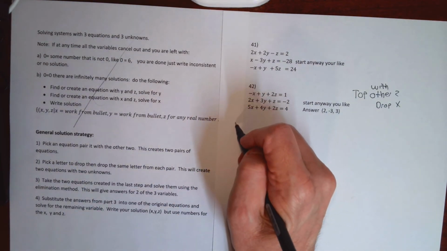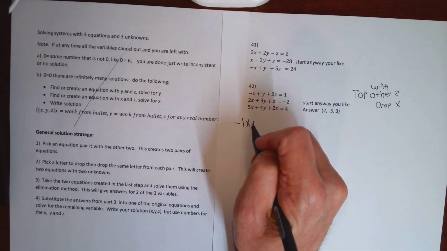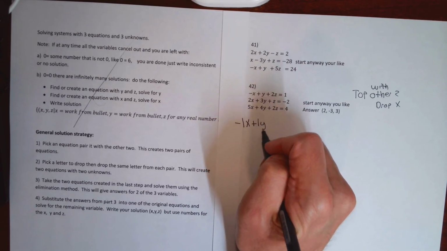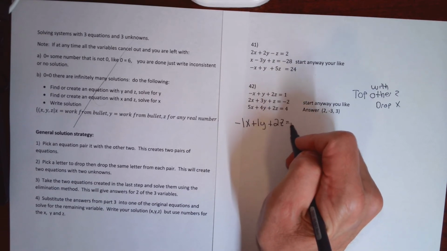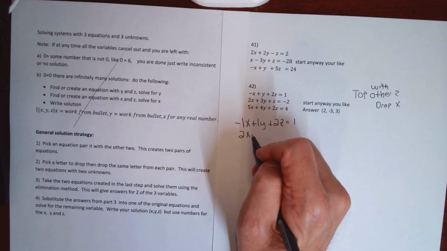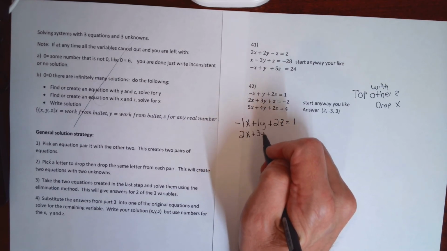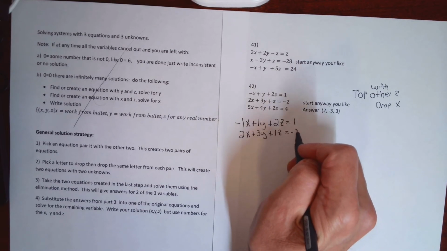So I'm going to take the top equation, negative 1x plus 1y plus 2z equals 1. Pair it with the middle equation of 2x plus 3y plus 1z equals negative 2.